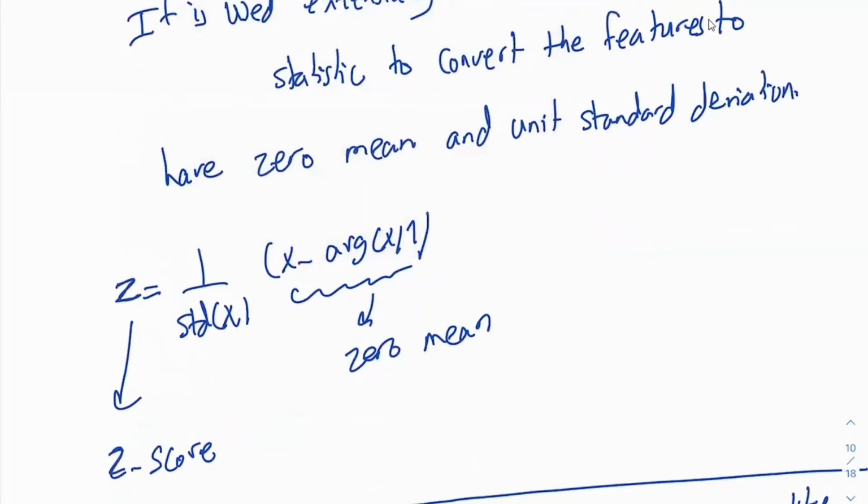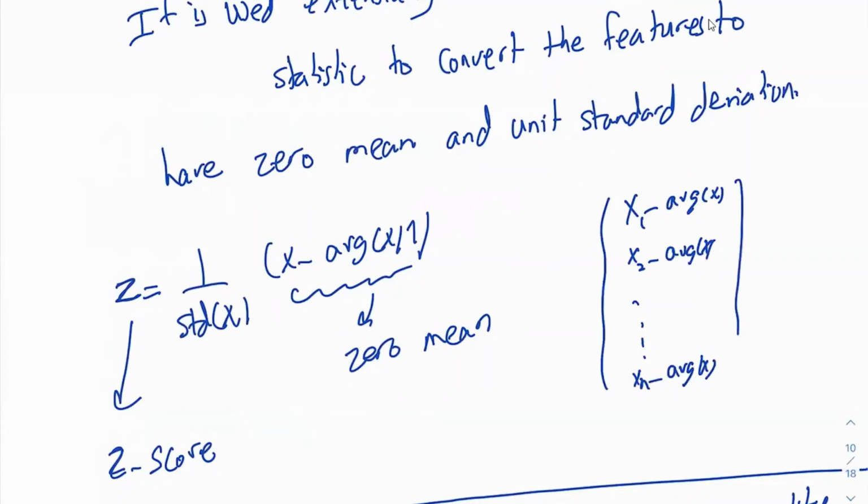So what would happen? You go and subtract the average from the vector x. Each component of x is subtracted from the average. You get something like this: x1 minus average of x, x2 minus average of x, all the way to xn minus average of x, and you divide this by the standard deviation.